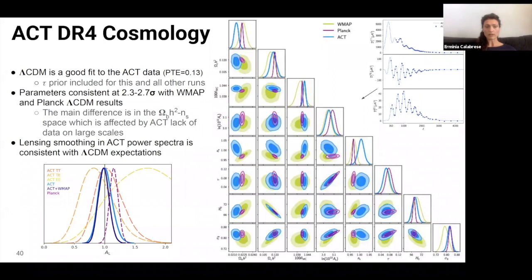Yes, we provide a new estimate of A_lens. We don't see any departures from the expectation from Lambda CDM, but we're also consistent with the distribution from Planck. So our interpretation is that we don't see any deviation, and the Planck estimate could well be a statistical fluctuation in this scenario.